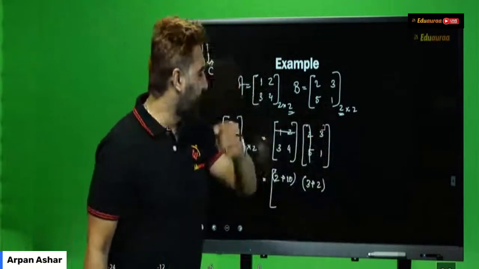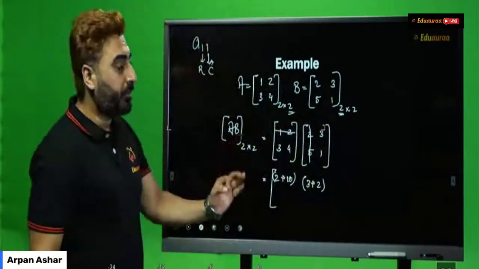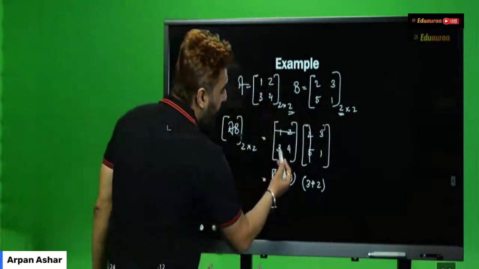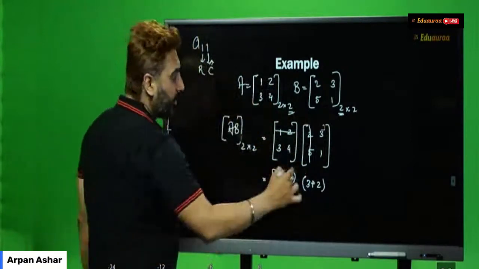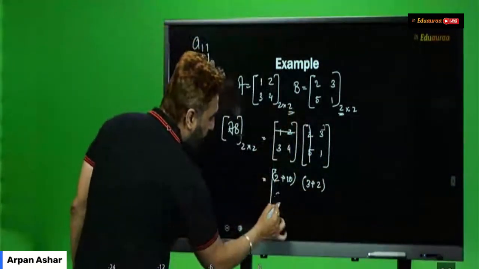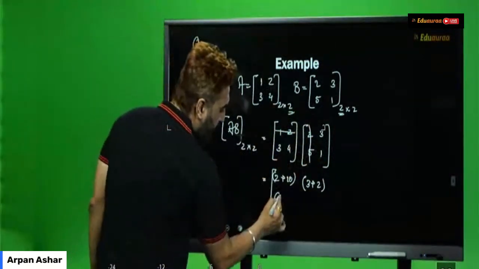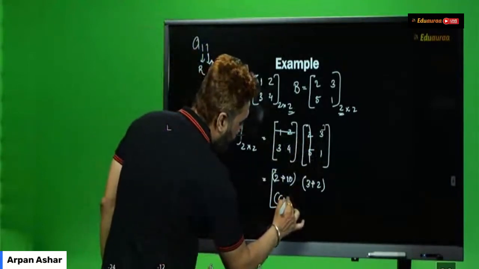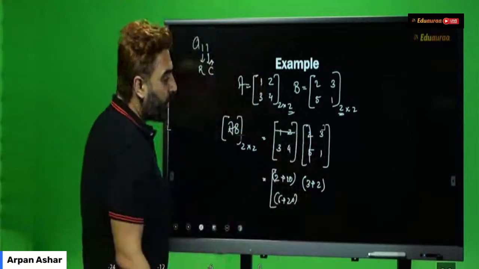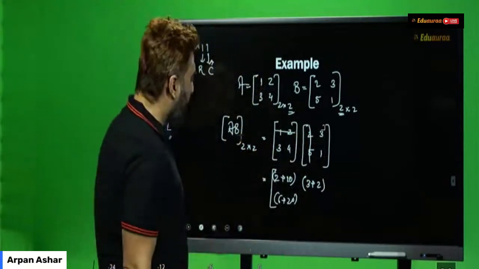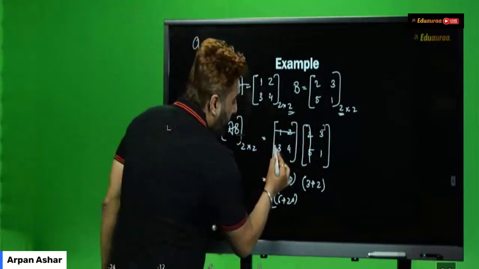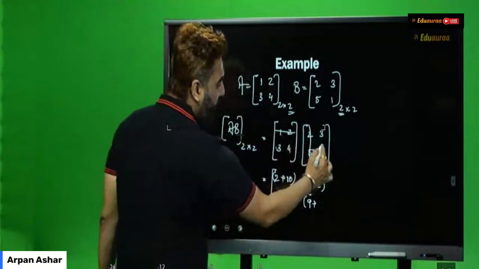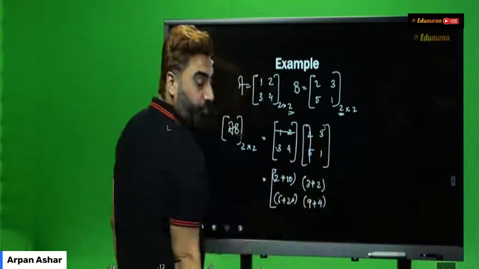Now comment section में लिखो A21 क्या होगा? 2 1, फर्स्ट मैट्रिक्स के रोज, सेकेंड मैट्रिक्स के कॉलम्स. सो 3 और 4 को मल्टीप्लाई करना है किसके साथ? 2 और 5 के साथ. सो क्या होगा? 3 into 2, 6, plus 4 into 5 will be 20. Then 2 2 फाइंड करना है. 2 2 क्या होगा? It will be 3 into 3, that is 9, plus 4 into 1, that is 4.